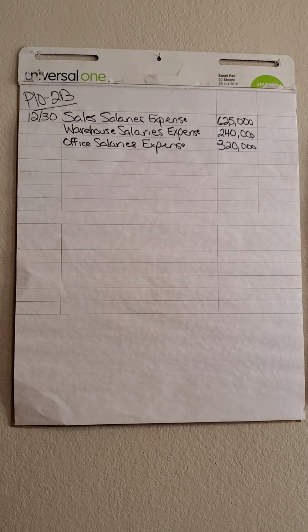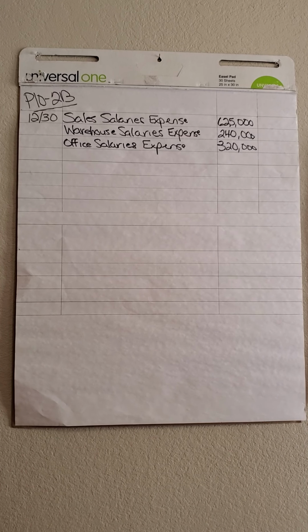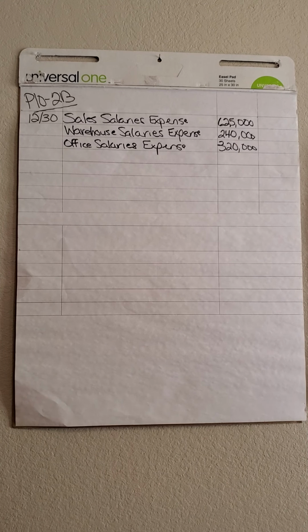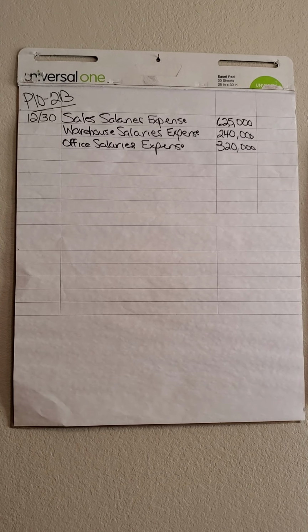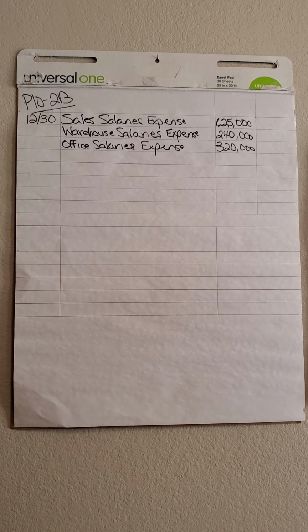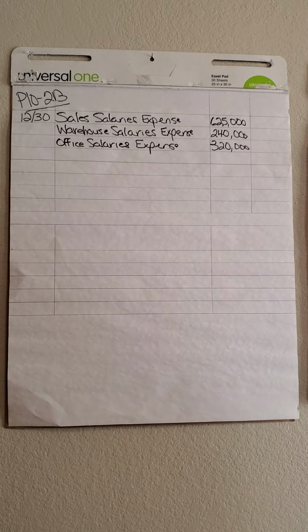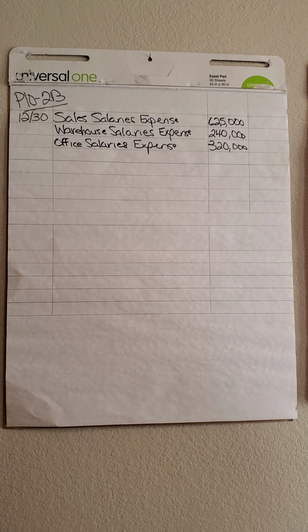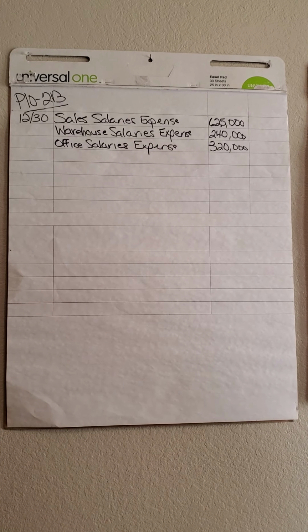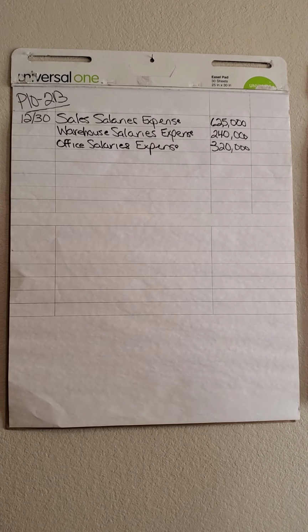So the total salary expense in these 3 different areas is going to come to $1,185,000. And then as we work through the rest of this journal entry, the next thing that we're going to record as a credit is the employee income tax payable, which is given to us. And this is for the money that the employer takes out of the check that they remit to the IRS, that you're dealing with when you do your tax returns.